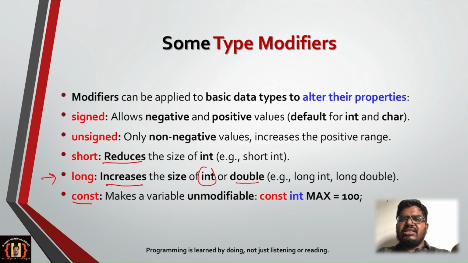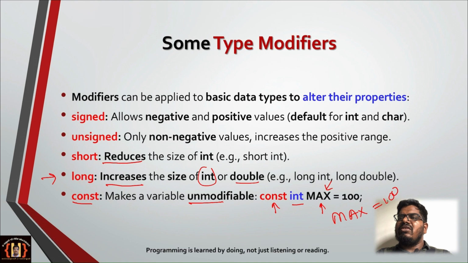Similarly the const keyword basically makes the variable unmodifiable. What does it mean? Whenever you include the keyword const in front of int and some variable max, you cannot change this max value. Whenever you refer to max, it is 100 only.